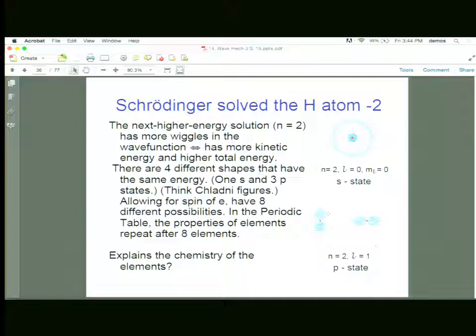So he gets the same energy. And he also gets that the peak of where you might find the electron comes out where Bohr said, the Bohr radius.